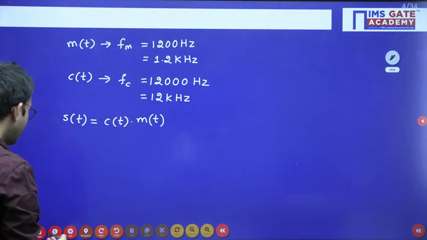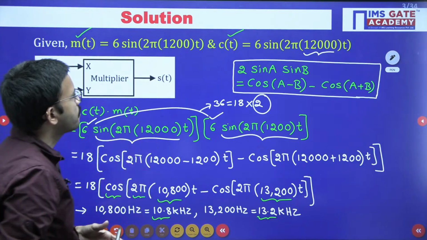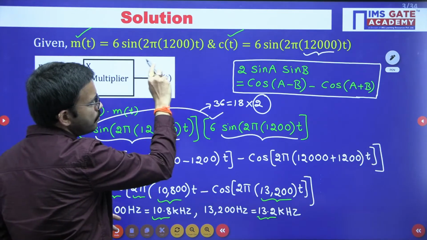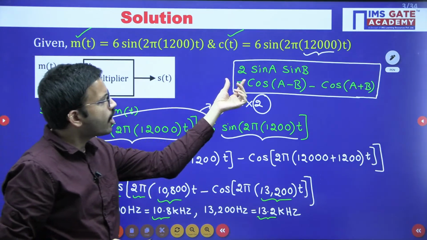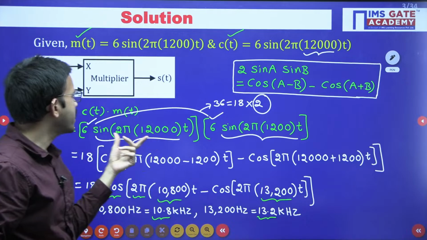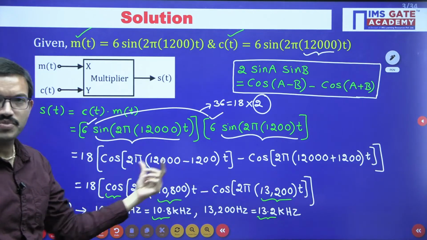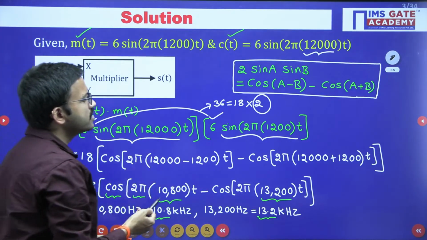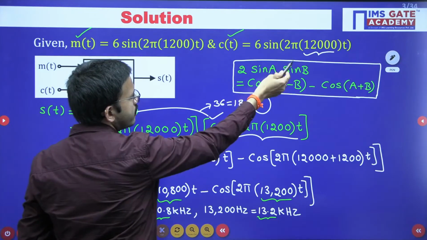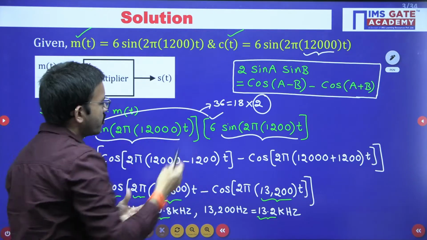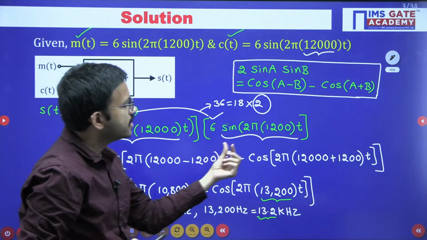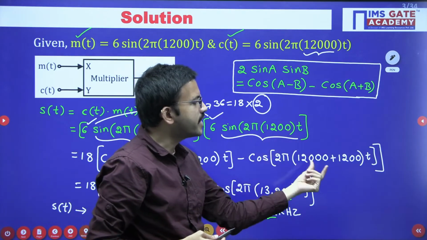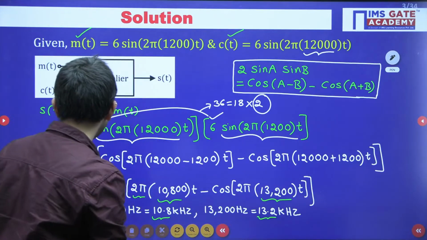Now if you observe, in this particular example both are sine signals. When you apply the formula 2 sin A sin B, you get cos difference minus cos sum. So whatever two frequencies you have, the difference we consider in one term, and in another term we just perform the addition, that's all.